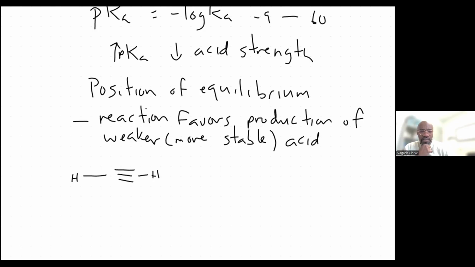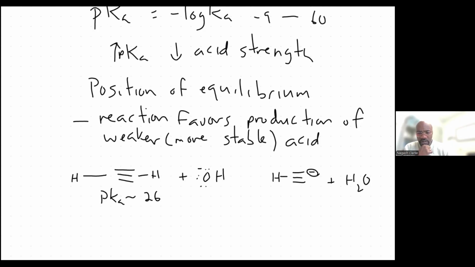And then my potential products for this reaction are the conjugate base of the alkyne plus H2O. Right? So let's put our lone pairs in.